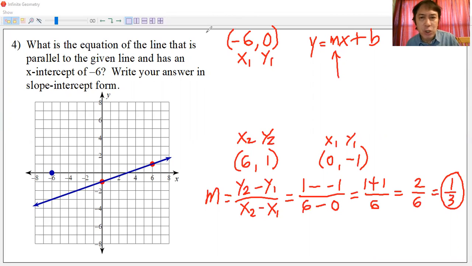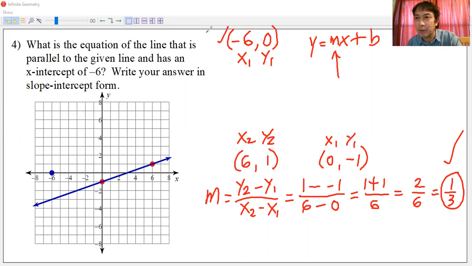Now, we can now use this slope and this (-6, 0). It says in the problem, the line will have to have an x-intercept of -6. X-intercept, not y, x-intercept. And so that point is (-6, 0). We can use that point and the slope, and we shall use a formula which is called point slope form.